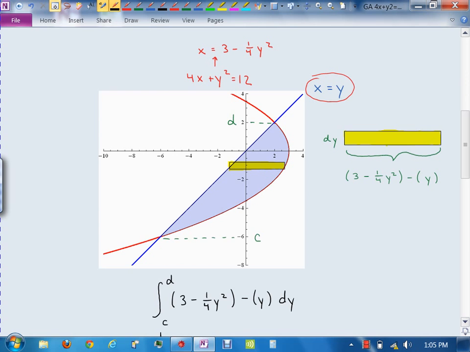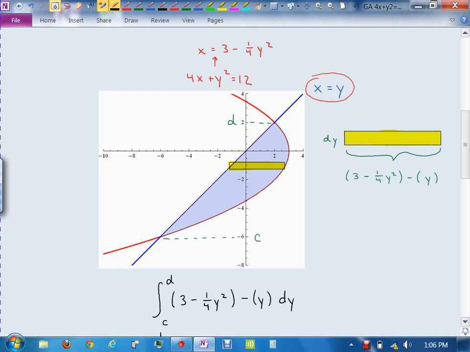And then the rectangle goes sideways. So the way I'm trying to do this with my pictures here is that I'm trying to illustrate the rectangle always in my drawings to show which function minus which function gives us that length. So when it's up and down, which one goes first?